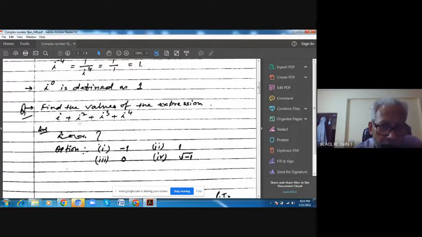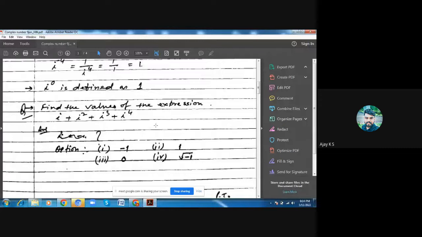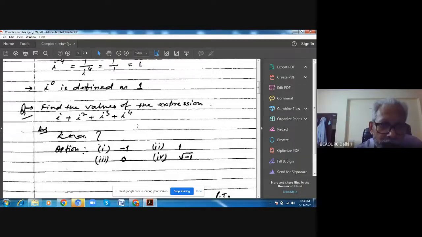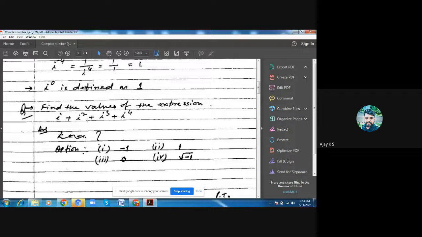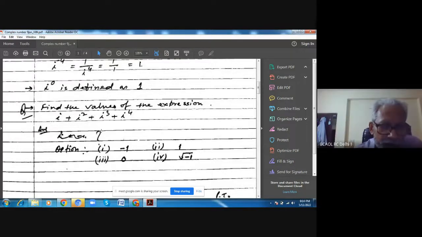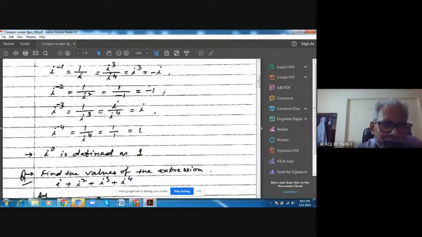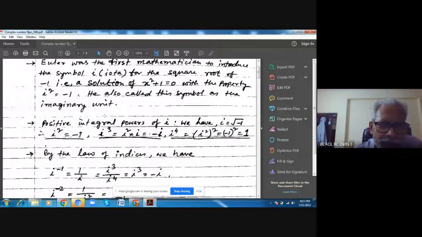As you know, iota square is equal to -1. Accordingly, you tell me. 0, sir. Option 3. Let's hear from the others. Just now I discussed all the values here.